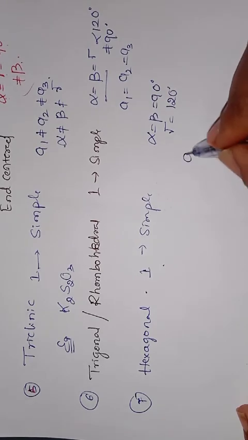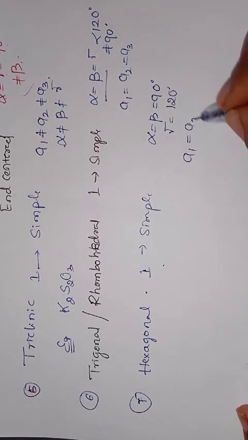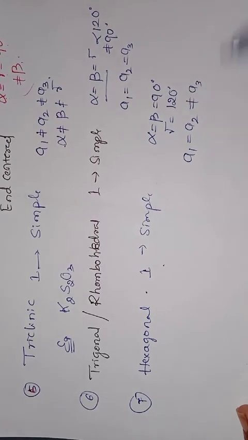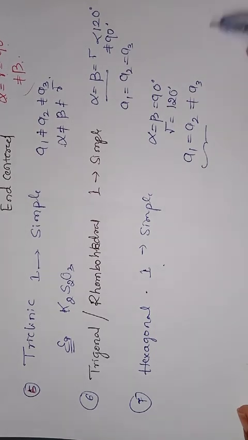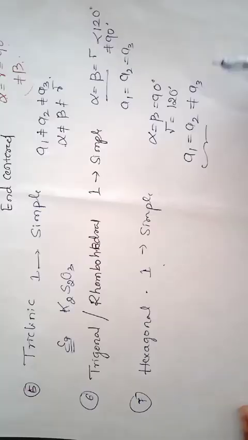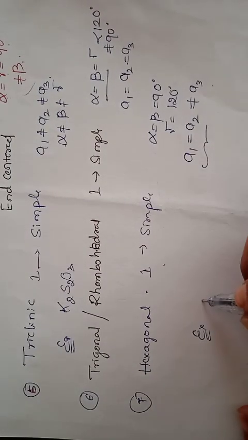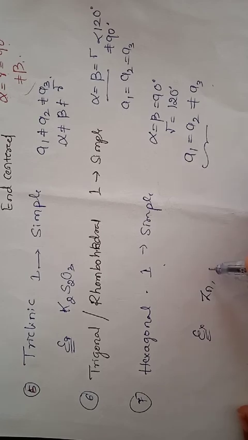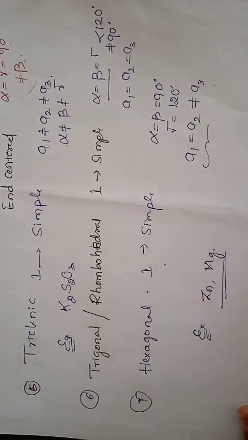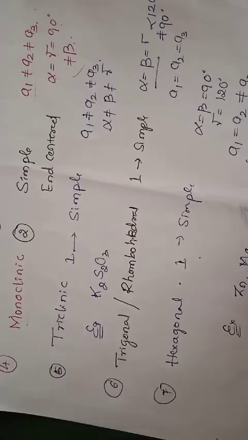Then A1 equal to A2 but not equal to A3. Only 2 parameters are equal. Examples for this are zinc and magnesium. These are the examples for the hexagonal.